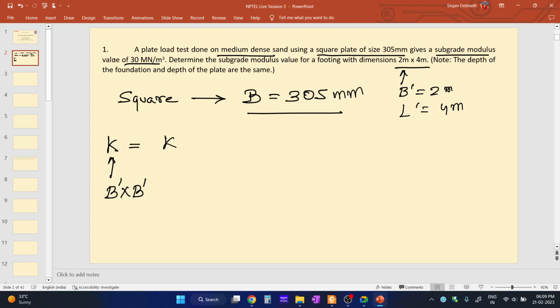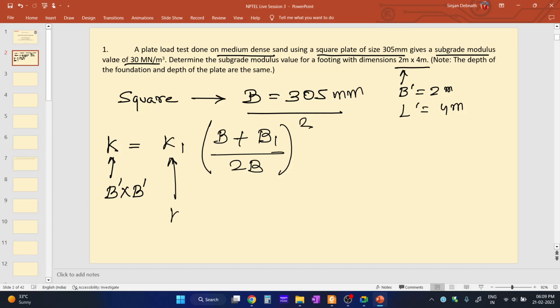So it will be equal to K1 times (B plus B1) by 2B, whole squared. Okay. So what is K1? This K1 is the subgrade modulus that you get from using a square plate of 305 millimeter. This is the K that you get using a square plate of 305 millimeter. That is K1.